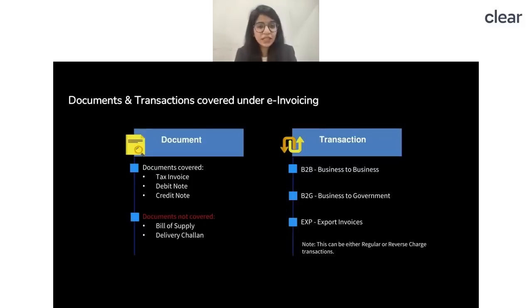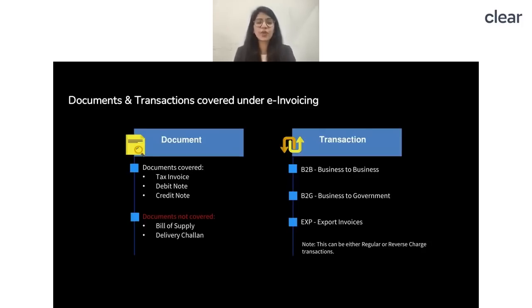When it comes to e-invoicing documents, you are required to generate e-invoices only for tax invoice, debit note and credit note. You're not required to generate e-invoices for bill of supply or delivery challan. When it comes to transactions, you are liable to generate e-invoices only for B2B, B2G or export documents. That is what the government says.